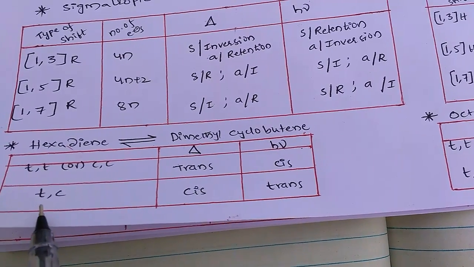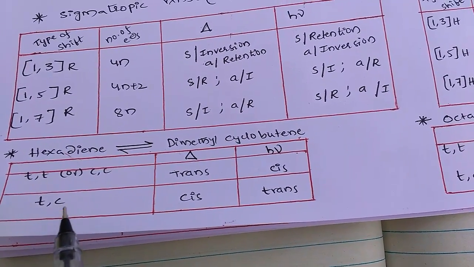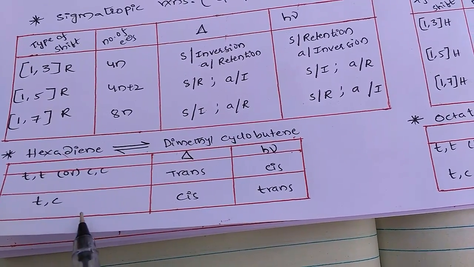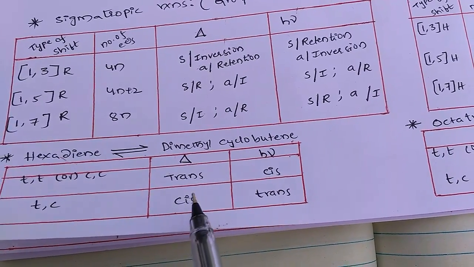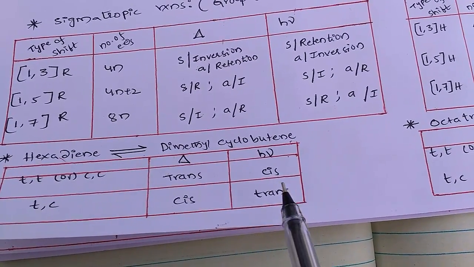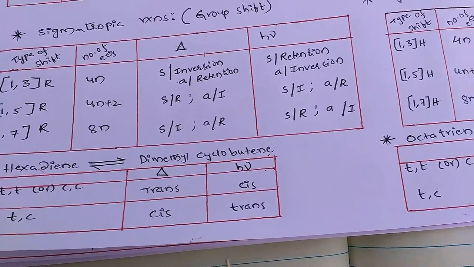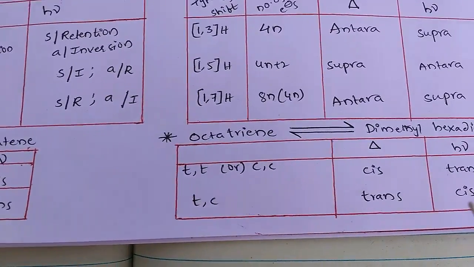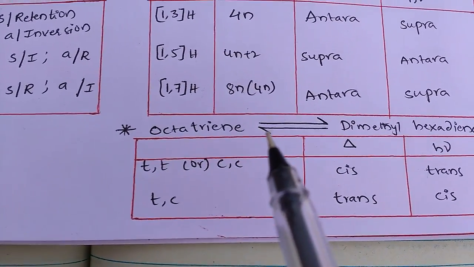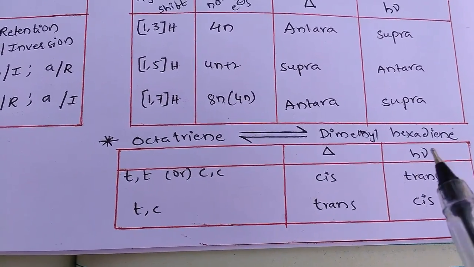And if we observe trans-cis hexadiene, then the cis product is thermally allowed and the trans product is photochemically allowed. And if you observe octatriene, it produces dimethylhexadiene.